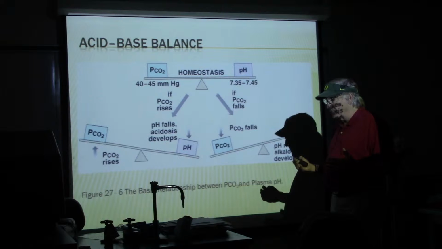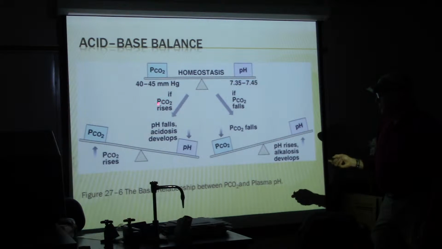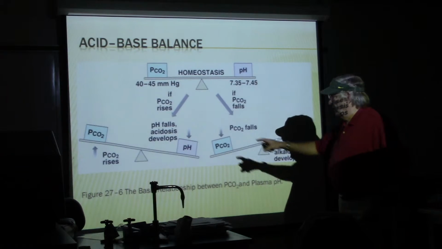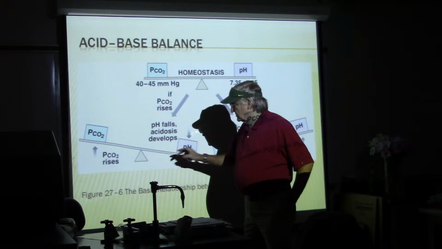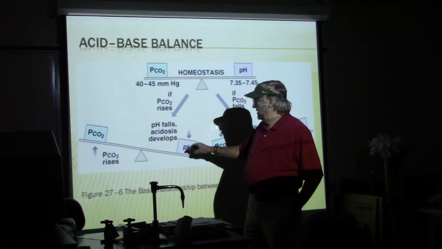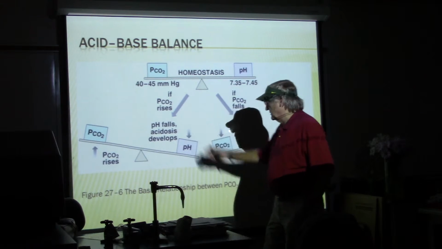Hypoventilation, not breathing enough, not blowing off enough PCO2. So if the PCO2 rises, the pH falls, as illustrated down here, and acidosis develops. So when the PCO2 goes up, the pH goes down, and the patient becomes acidotic.